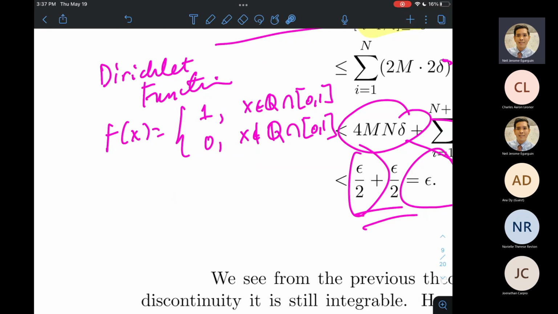Alam na natin na as long as finite number yung kanyang points of discontinuity, then siya ay Riemann integrable pa rin. Pero pagka infinite na yung number of points of discontinuity niya, nakakita na tayo ng example, the Dirichlet function, kung saan siya ay hindi na Riemann integrable.